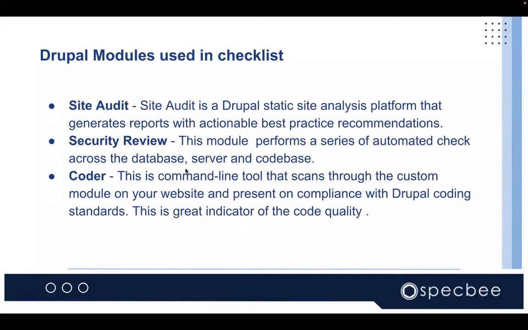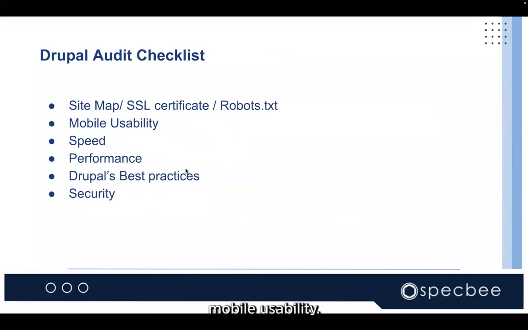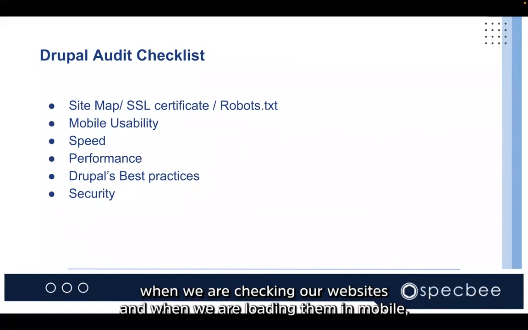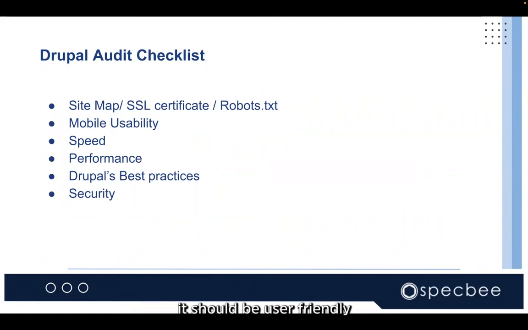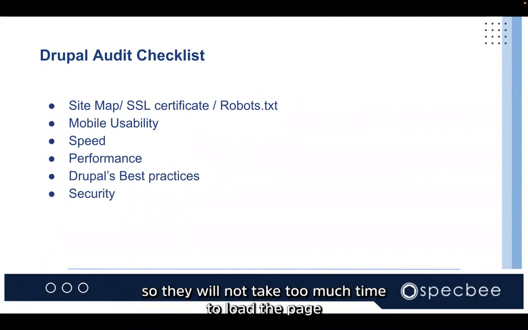And the second thing, mobile usability. When you are auditing your site and loading it on mobile, it should be user friendly, so that it will not take too much time to load the page.